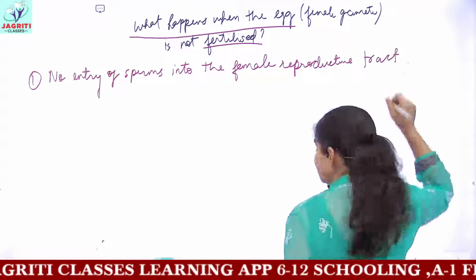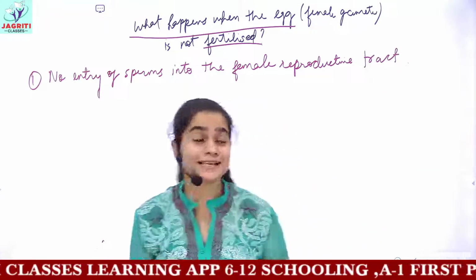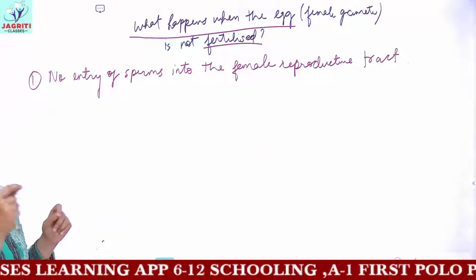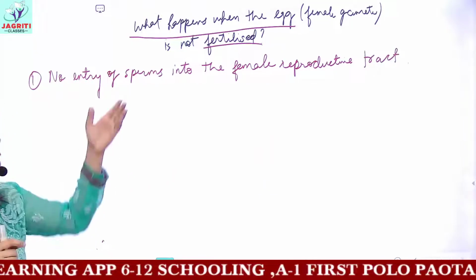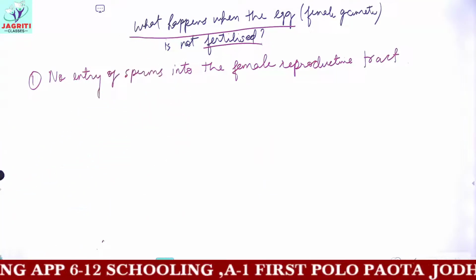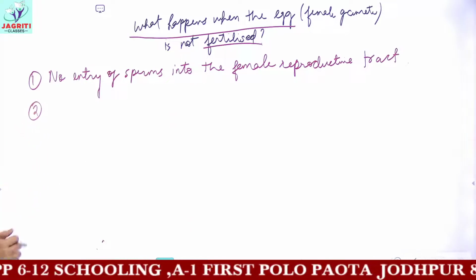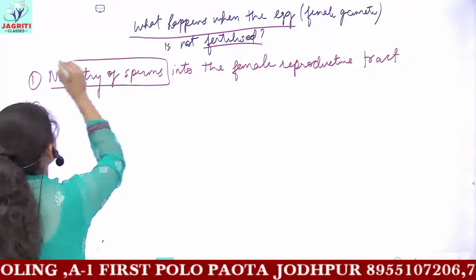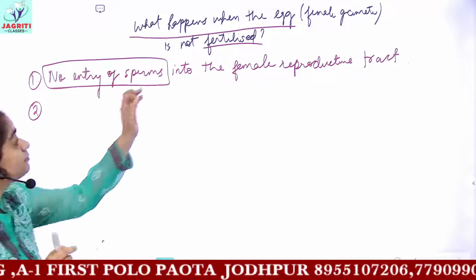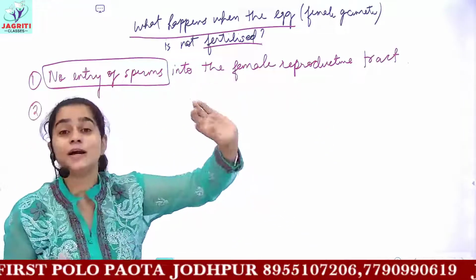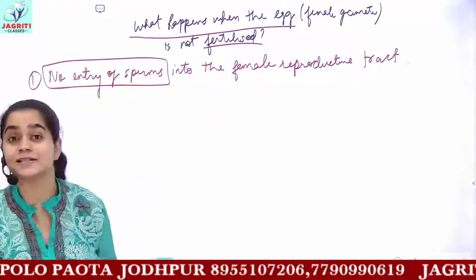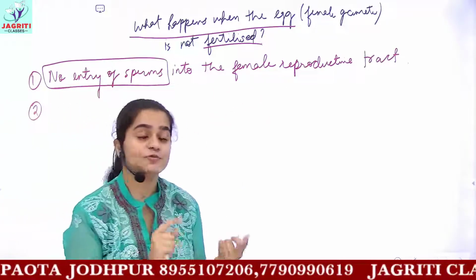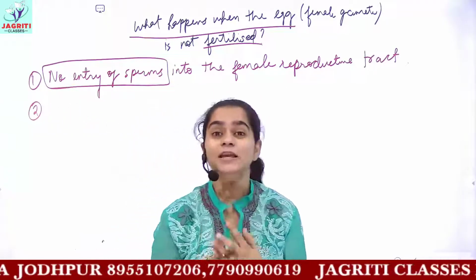So because of the lack of presence of sperms in the female reproductive tract, you do not have any kind of fertilization or fusion. The next point which we'll read here is, once you do not have the entry of sperms or the presence of sperms in the female reproductive tract, no kind of fusion or fertilization occurs. This means no kind of zygote, embryo and fetus would be formed.